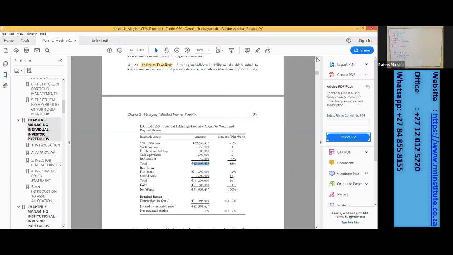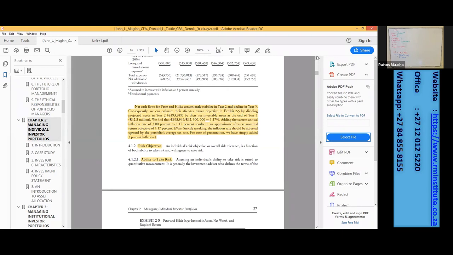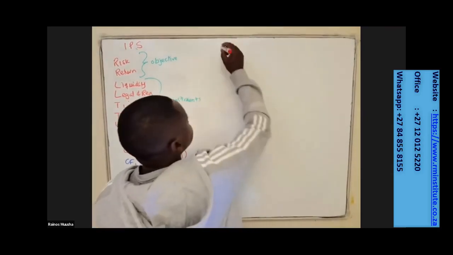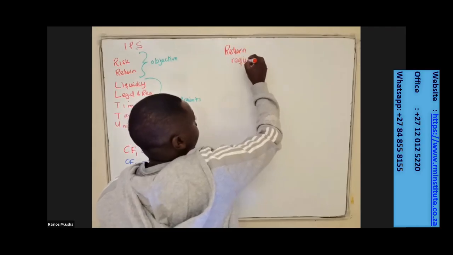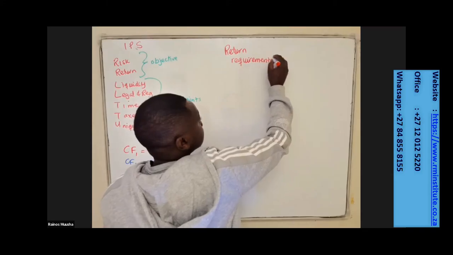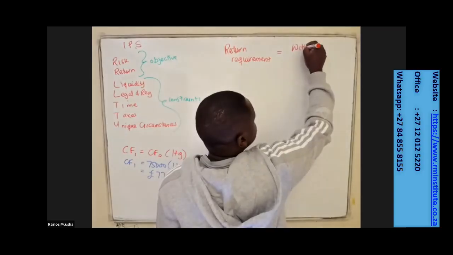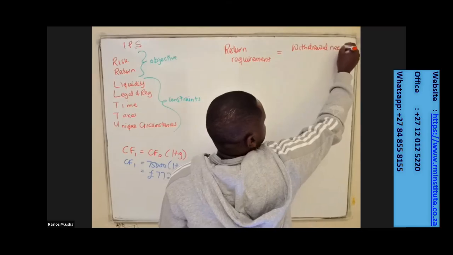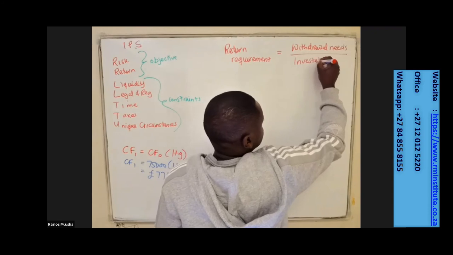Based on this, if ever they ask you to calculate the return requirement, for example in the first year, the return requirement is given as the withdrawal needs divided by the value of the investable assets.